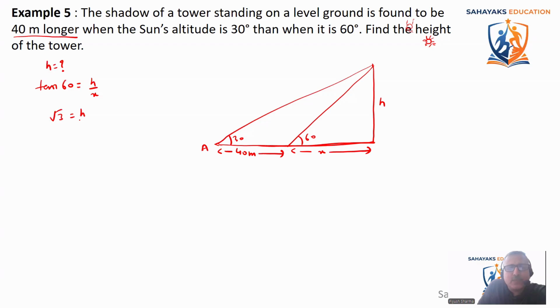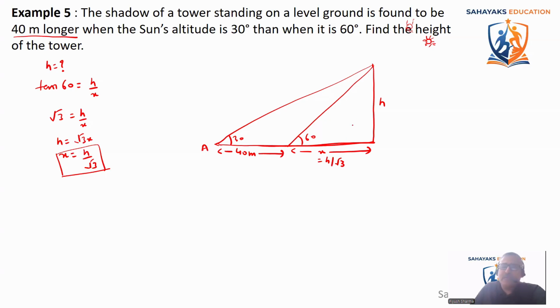So root 3 is equal to H by X, or I can say H is equal to root 3 X. Now we have to find h, so let's find X: X is equal to h divided by root 3.